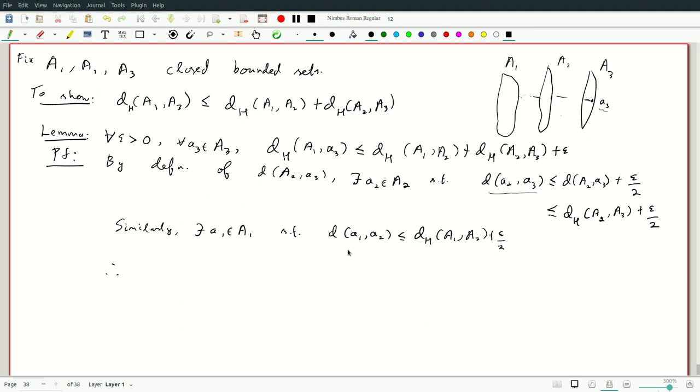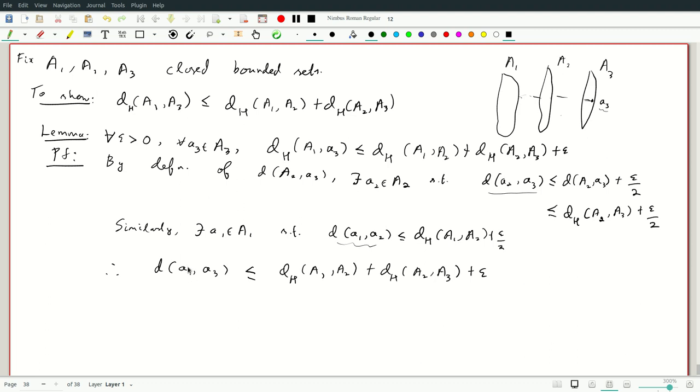Therefore, the triangle inequality, if I apply it to this distance and this distance, you get that distance between A1 and A3 is less than or equal to the sum of the Hausdorff distances A1 A2 plus distance Hausdorff between A2 and A3 plus epsilon.